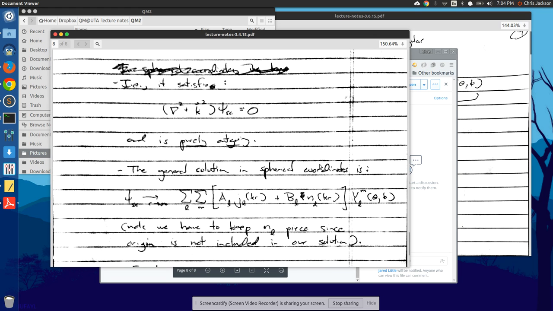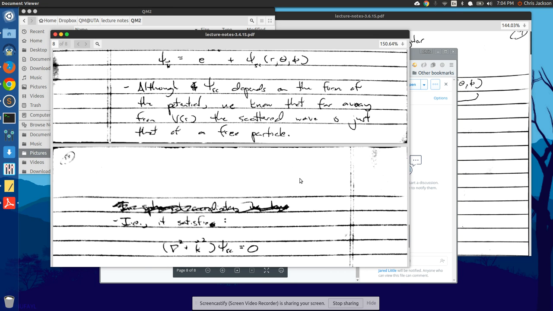Now, last semester when we were dealing with solutions to problems of spherical symmetry, we always had the origin included in our region of interest, and so we dropped the Neumann functions because they blow up at the origin. Here we've got the opposite case.